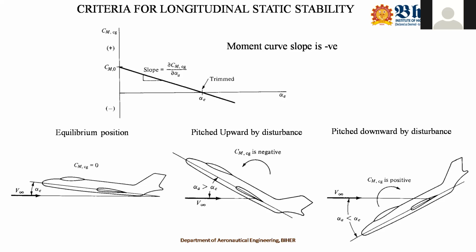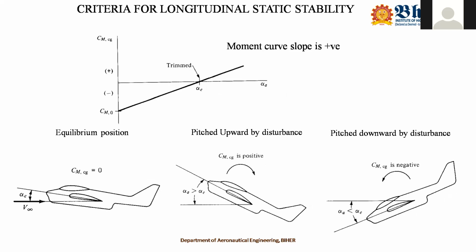When the aircraft tends to move towards the equilibrium condition, then you call that a static stable condition. So even in the second and the third figure, in both cases, the aircraft is tending to move towards the equilibrium condition.